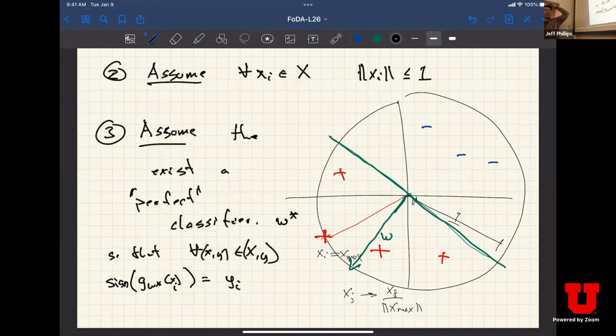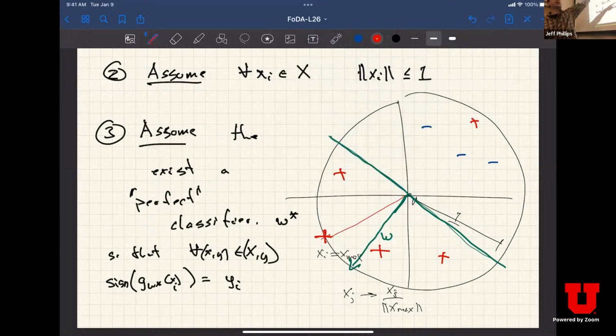And that's what's shown in this picture. In this picture, I've classified everything correctly. If I'm in 2 dimensions and I have a positive point up here, there does not exist a perfect classifier if I go through the origin. There's no way to have a linear classifier that has all the plus points linearly separated from all the minus points.